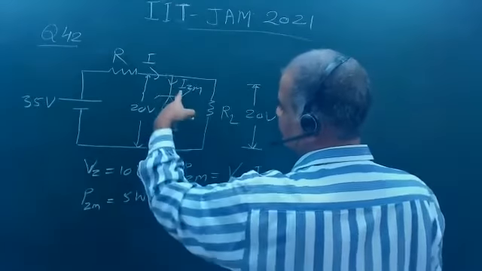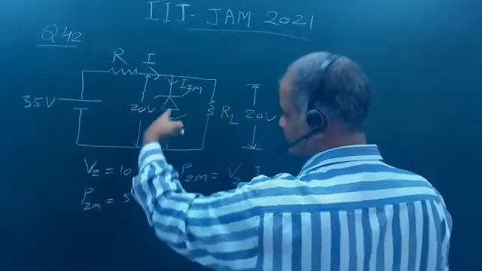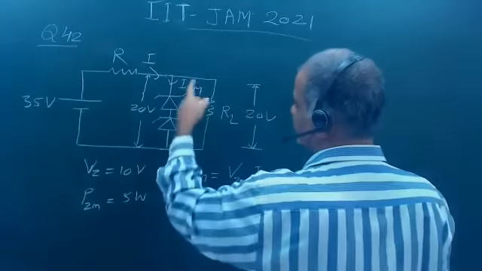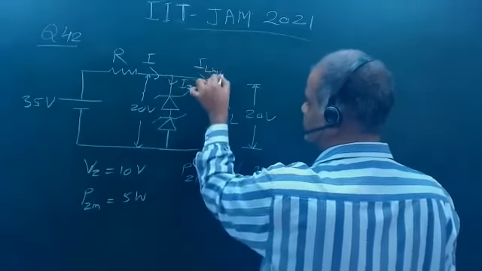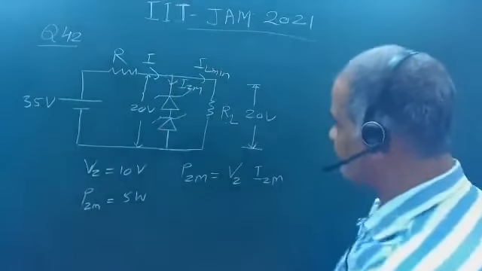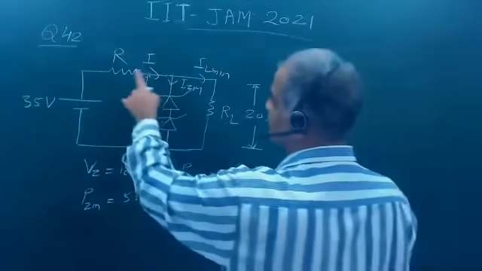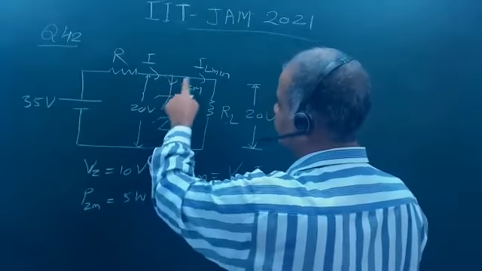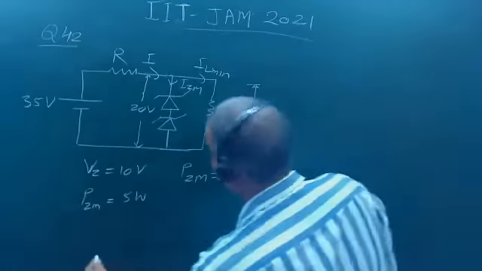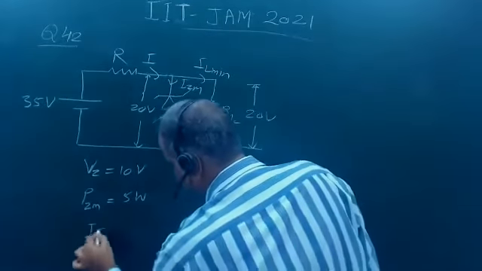Whenever there is maximum current across these Zener diodes, we get the minimum current IL across this load. So if I apply KCL, I is equal to IZM plus IL minimum.